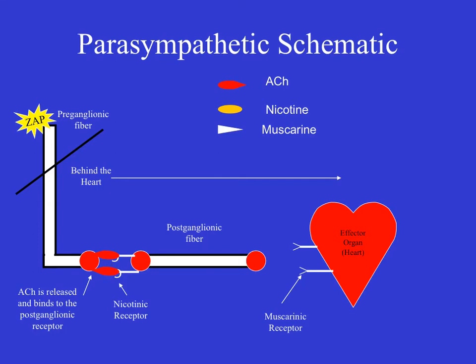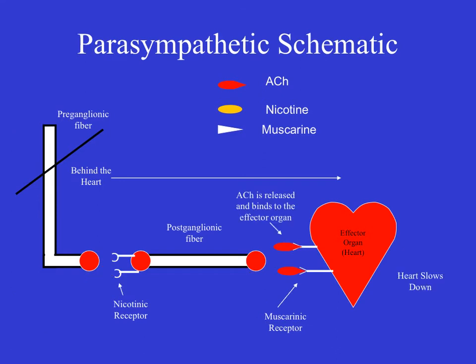So acetylcholine comes out, crosses the synapse, binds to the nicotinic receptors, triggers an action potential within the postganglionic neuron, and then that travels down to the end down here, which causes the postganglionic neuron to release acetylcholine. The acetylcholine crosses and binds at the effector organ. When we get acetylcholine binding at the effector organ, we slow down the heart.